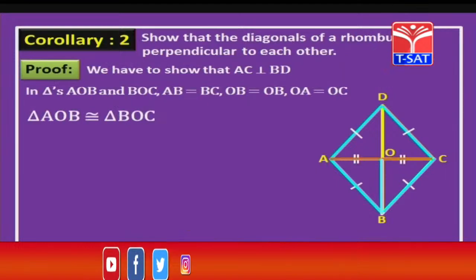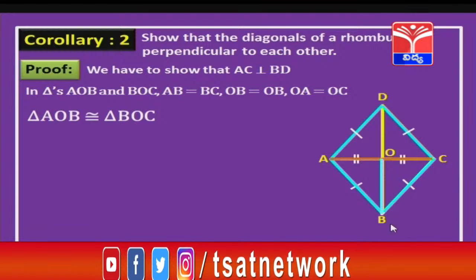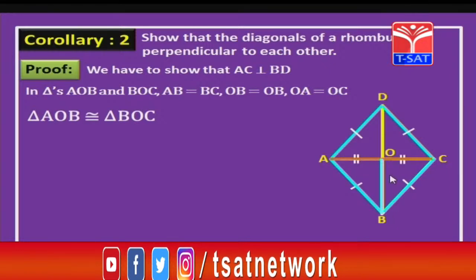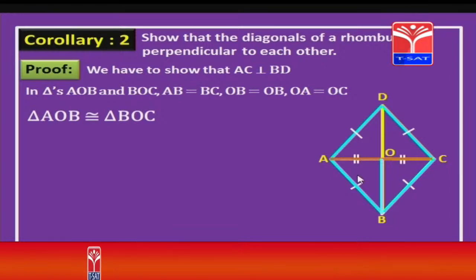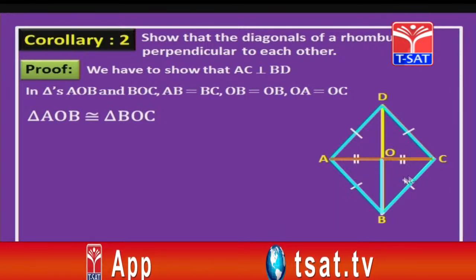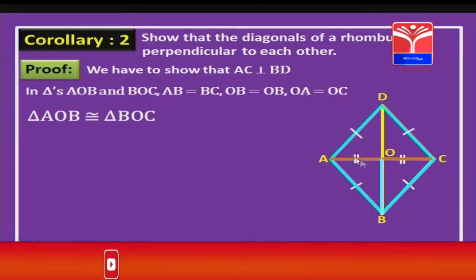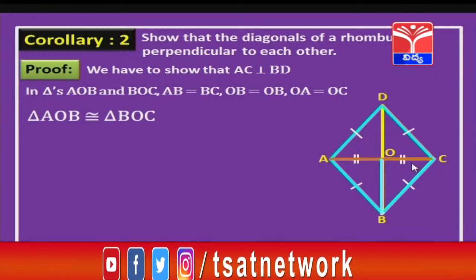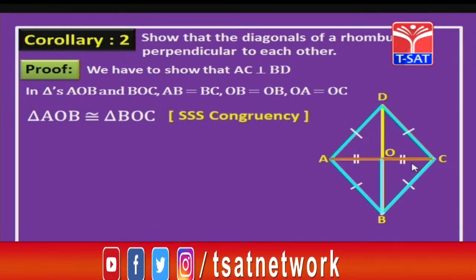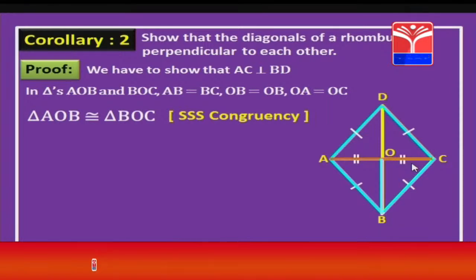If you notice these two triangles, that is triangle AOB and BOC, these two triangles are congruent. But why? What is the reason? If you notice these two sides, am I right? And this is the common side. That means three sides of triangle AOB and three sides of triangle BOC are equal. So, I can say by SSS congruency, both triangles are congruent.